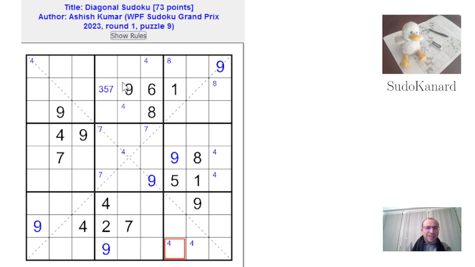Probably. So 4 here. What about this diagonal? So 4 can't be in any of those positions. But it can still be here, here, or here.